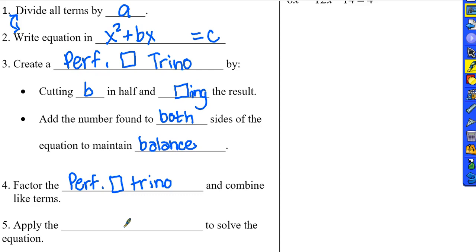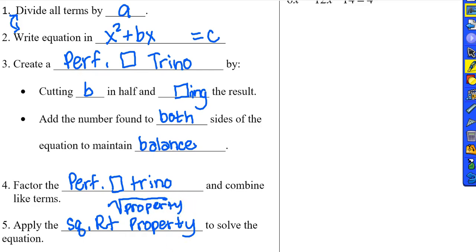And then lastly, we created the perfect square trinomial so that we could apply the square root property, which you could probably write as the square root property if you wanted for a notation. Okay, so that's the format that we are going to follow.